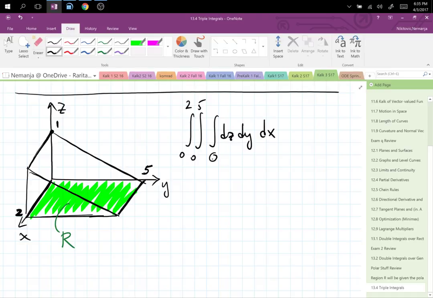So, do you have 3 points that are easy for you to see? There is definitely a point 0, 0, 1. There is definitely a point 0, 5, 0. Very good. And pick another one. You can pick this point, right? It's on the plane. It's 2 on x, 5 on y, and 0 on z, right?